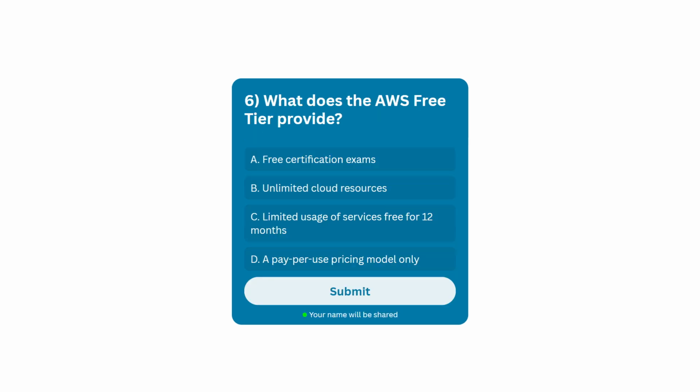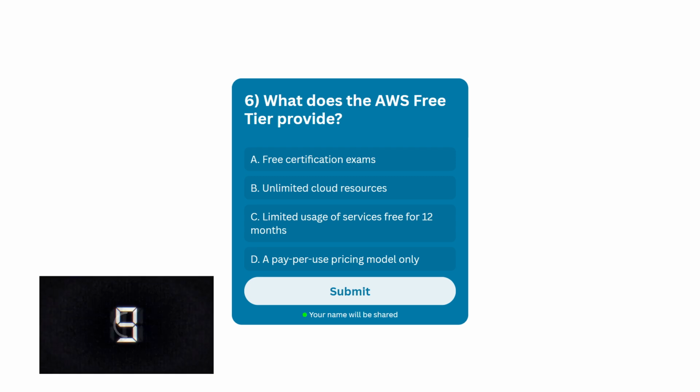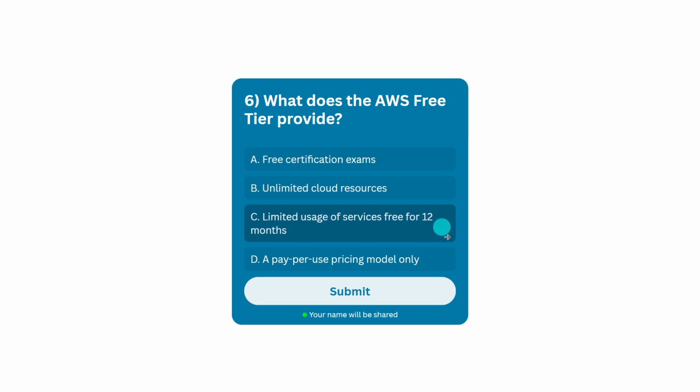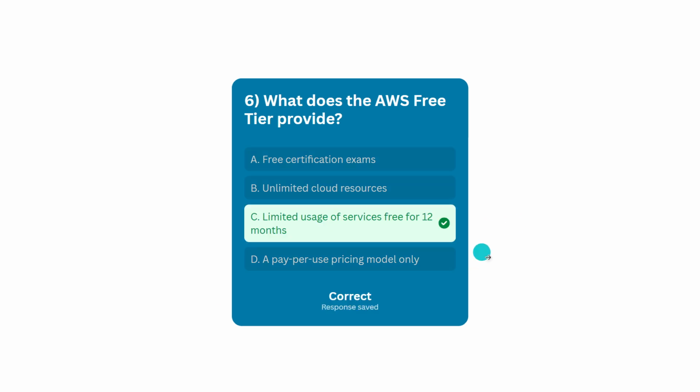What does the AWS free tier provide? Limited usage of services free for 12 months. The AWS free tier offers limited, free usage of AWS services for new customers for 12 months.